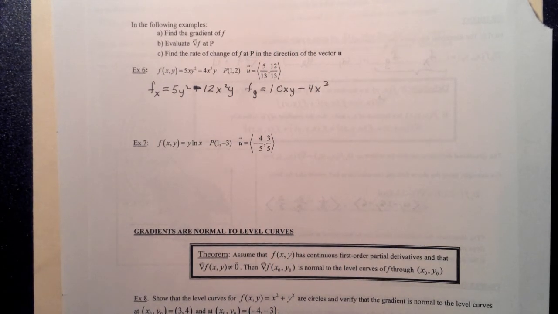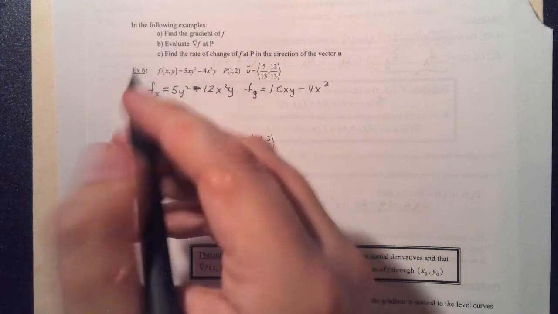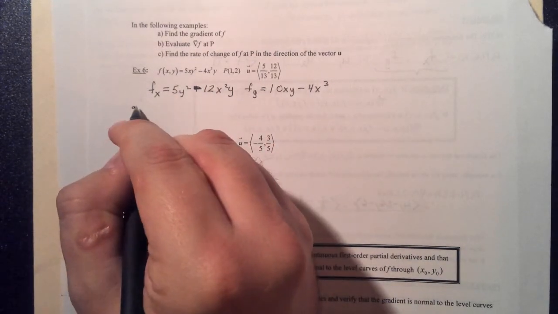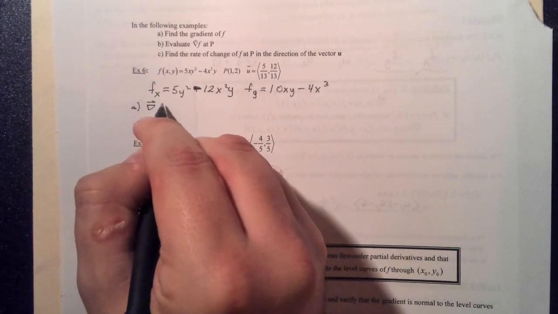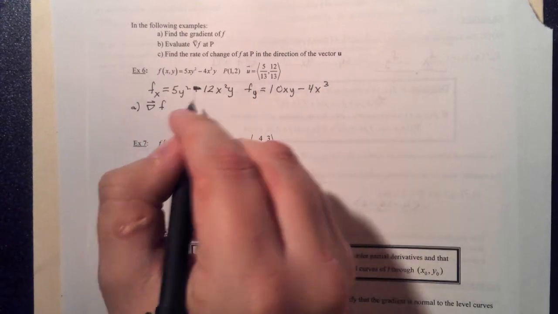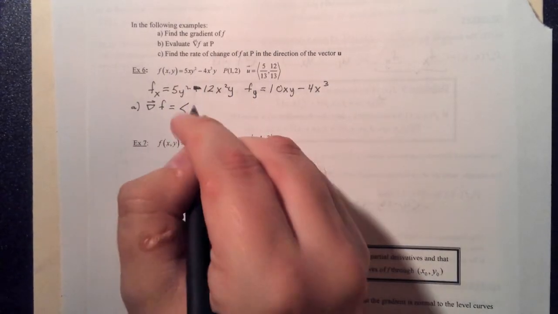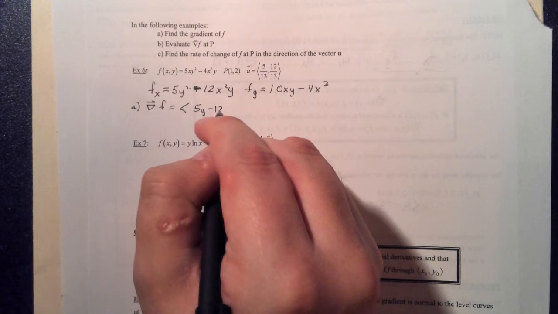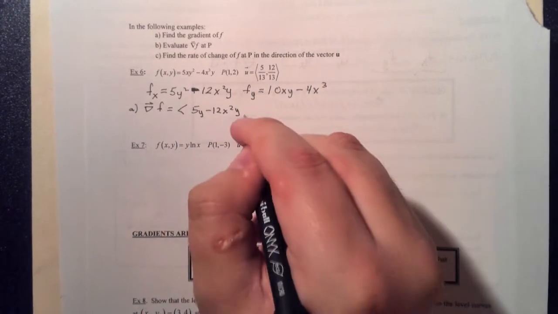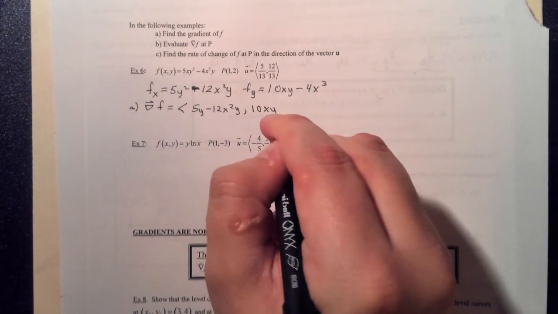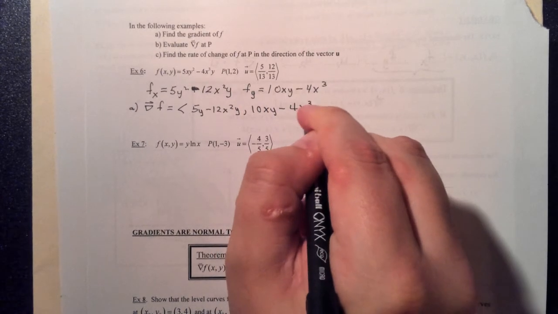So the gradient is simply this vector, 5y squared minus 12x squared y, 10xy minus 4x cubed.